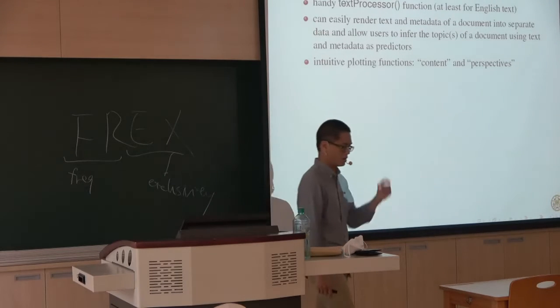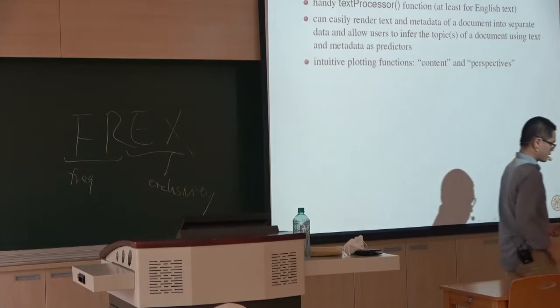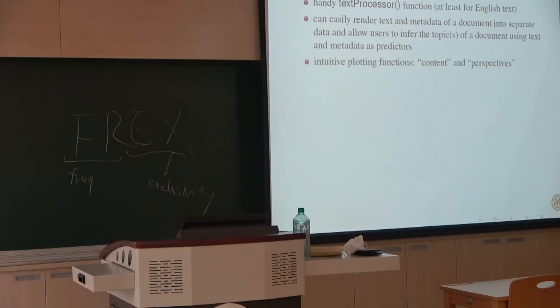For example, remove those documents that contain no information, and pay attention to those strange characters because you might not be able to read them. By doing so, you can easily render the text and metadata of the document into separate data.